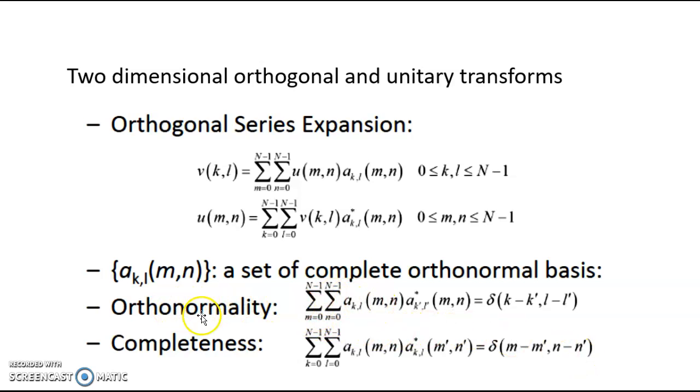Similarly, it should satisfy orthonormality. I take a_{k,l}(m,n) and a_{k',l'}(m,n), and again it should give an impulse function centered at k minus k', l minus l', which has the value 1 at k equal to k' and l equal to l'. So this basis function should be complete as well as orthonormal.